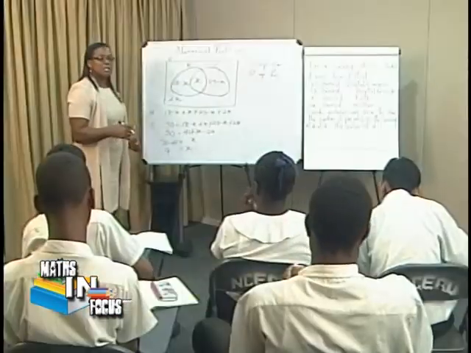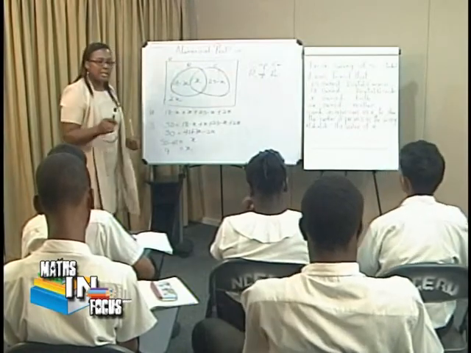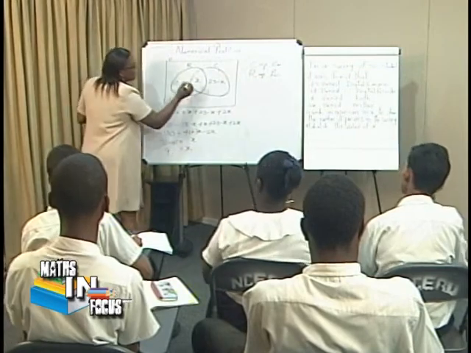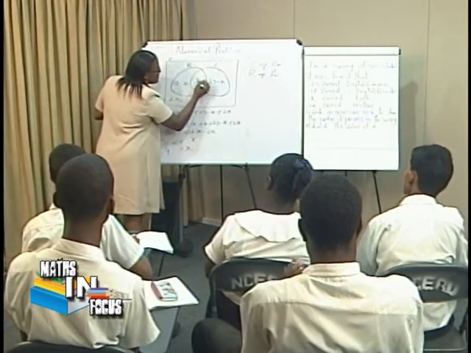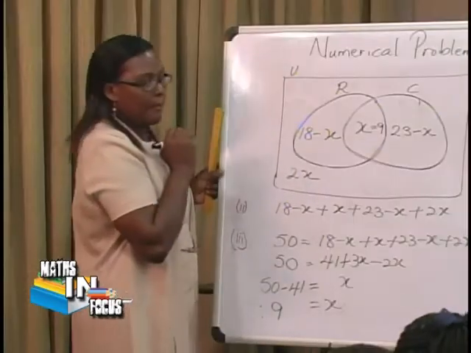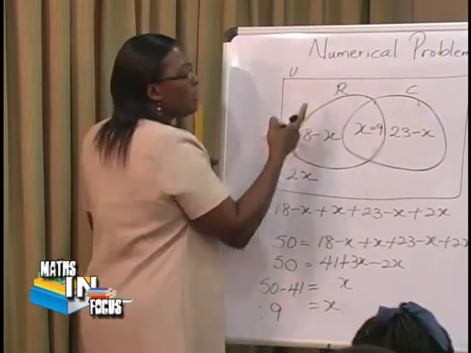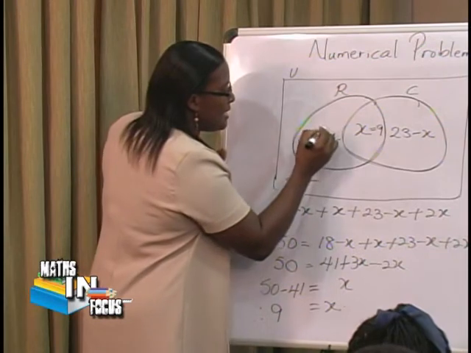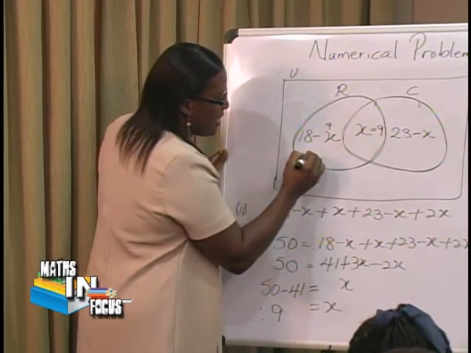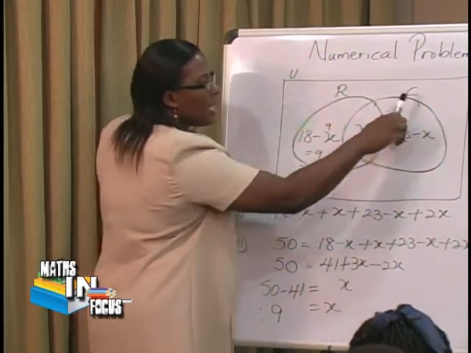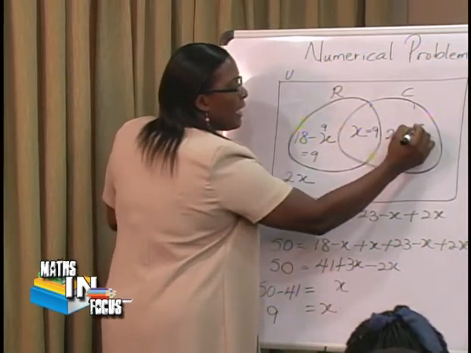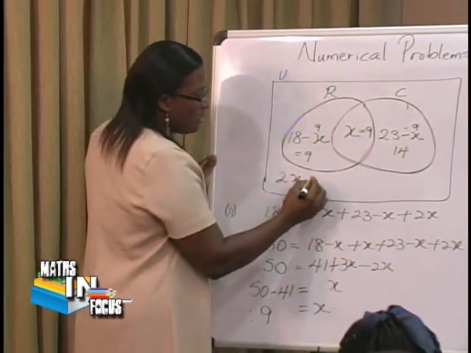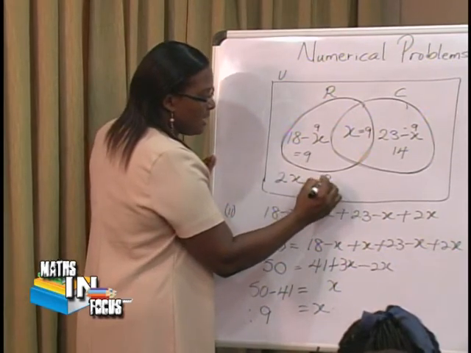So 9 students own both digital cameras and recorders. So if we should substitute or fill in our X here, X equals 9, then how many students own recorders only? 9, which is 18 take 9, and that would give us a 9. Cameras only would be 23 take 9, 14, and here we'd have 2X would give us 18.